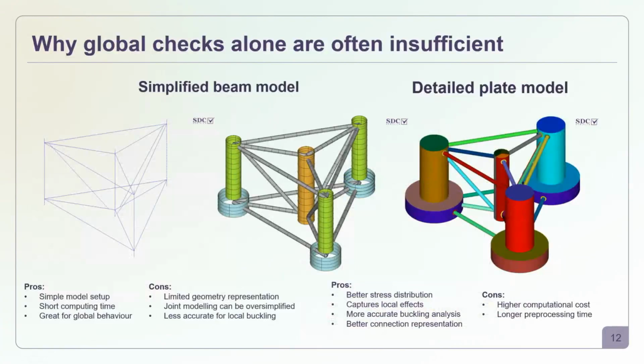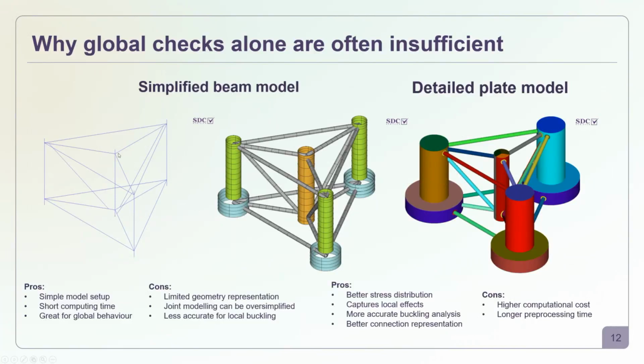As you know, when we are building an FEA model, what we discussed before, the first step is deciding how to represent the structure and what type of elements you should use. In the early stages of the design and during some global verification, simplified beam models, such as you can see on this left side, are commonly used.